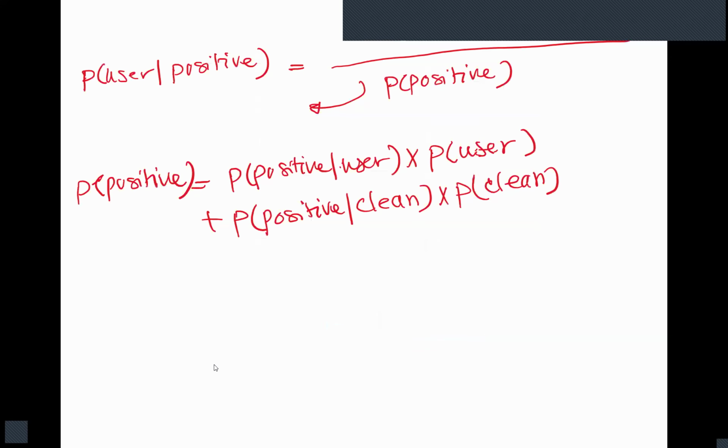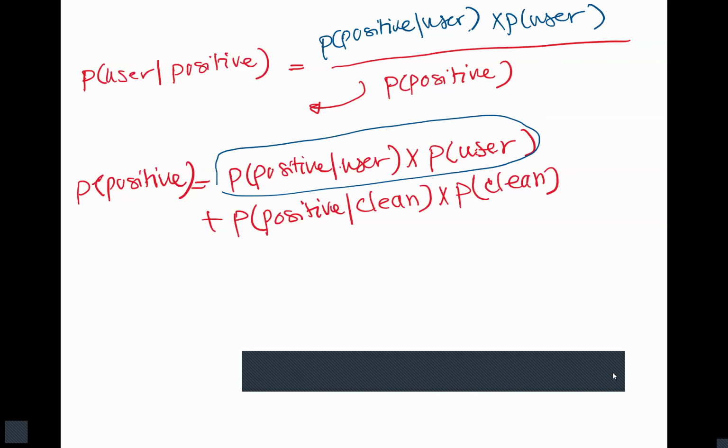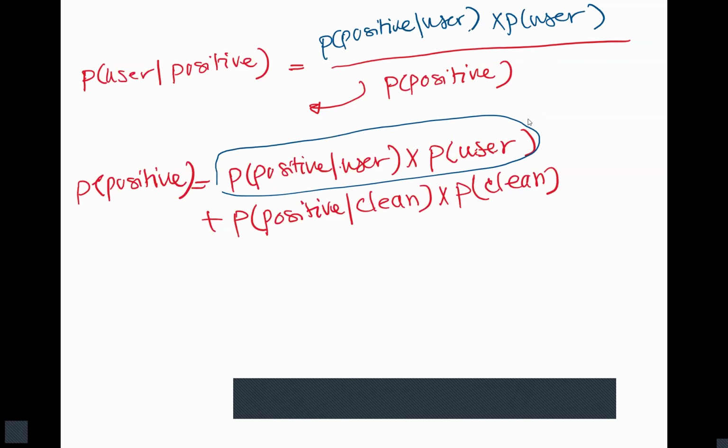Now, in our numerator, we only want to focus on those who are actually a user, so that would be just probability of positive given it's a user times probability of user.